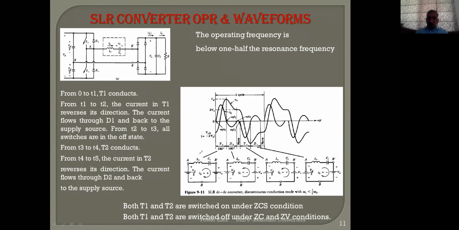Okay. So what happens in part 2? Now D plus conducts, meaning this diode conducts. Point A, D is forward biased. So with LR and CR, the inductor current goes negative, and from this point onwards the capacitor starts discharging in this direction.